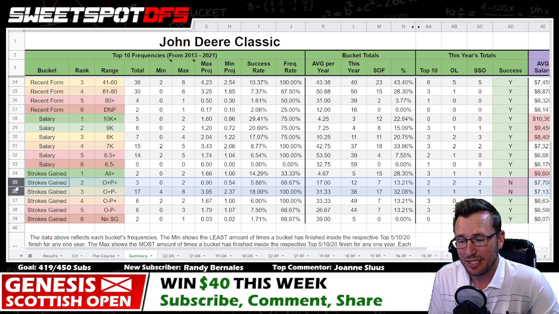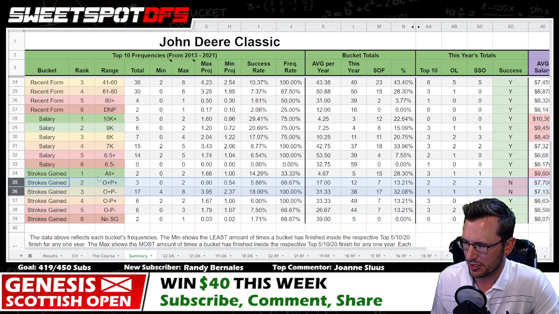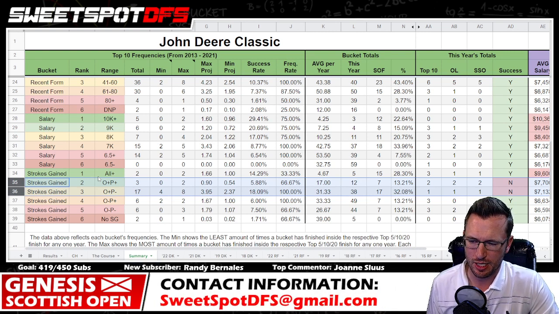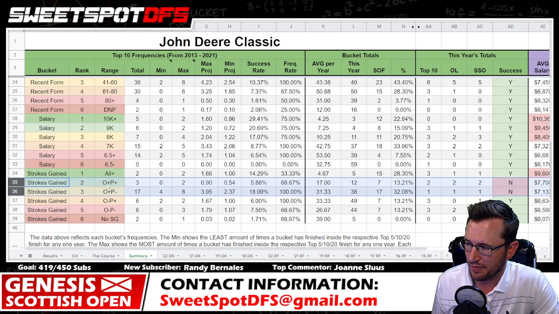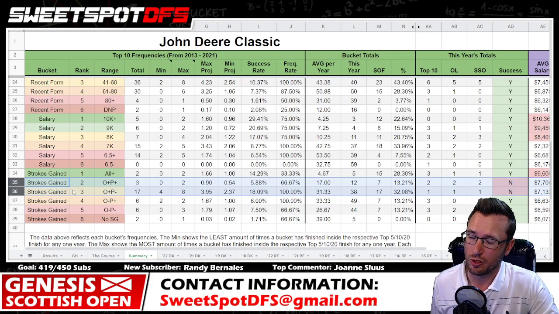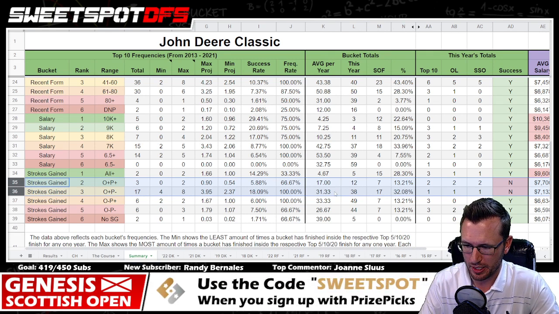And there is reason to consider retooling my strokes gained stats to incorporate something else. Instead of using off the tee stats, I'm thinking of ball striking stats. So I might change this up in the future. We'll see. But how it looks now, 2 buckets missed with the strokes gained stats.